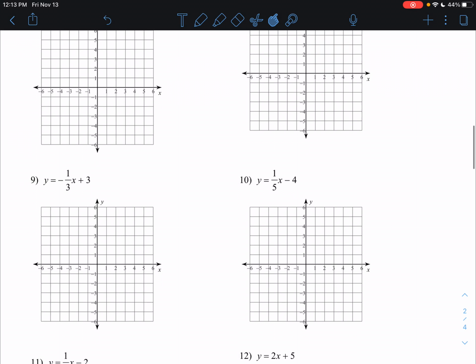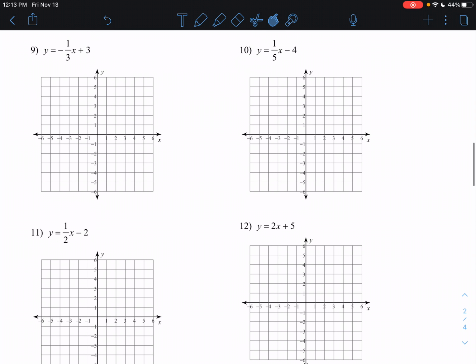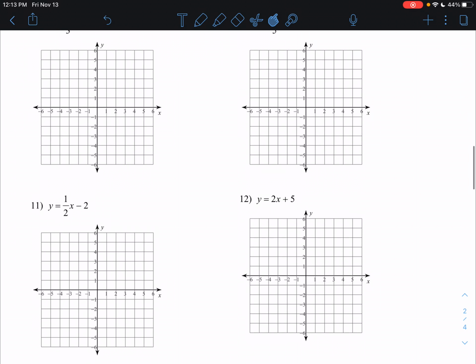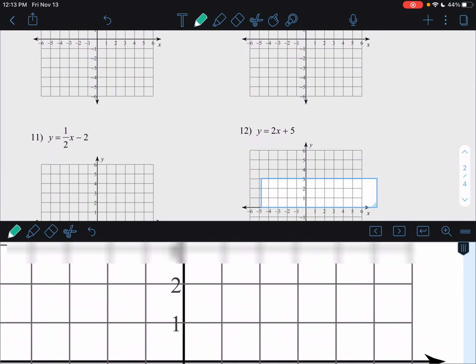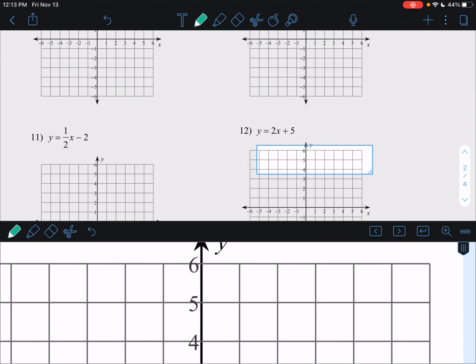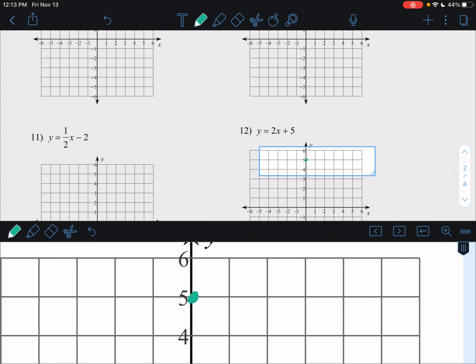And actually, hold on. Trying to remember, I feel like there was one thing when I did this assignment last year that threw people off. Yes, this one, number 12. So number 12, 2x plus 5, my y-intercept is 5, my slope is 2. If I try to go up 2 over 1, I can't. It's off the graph. So if I try to go up 2 and right 1, that doesn't work.